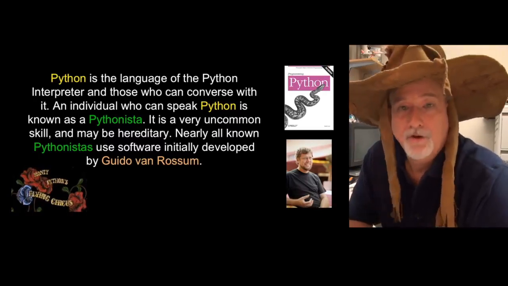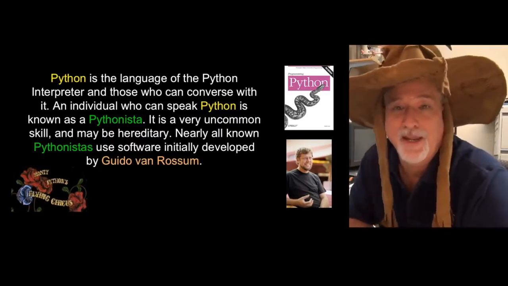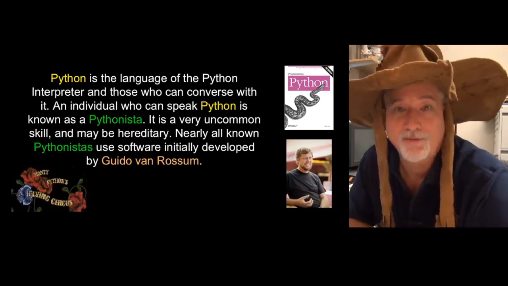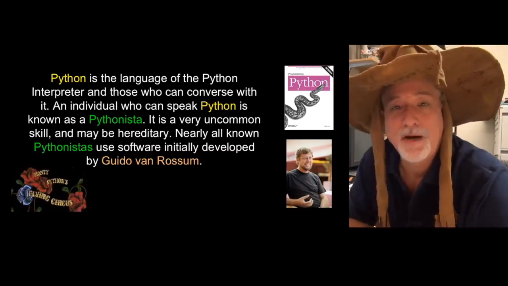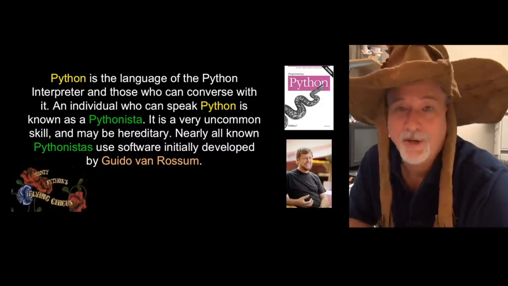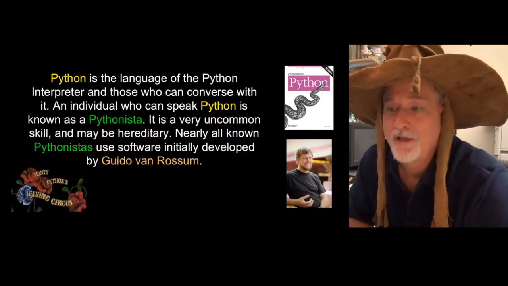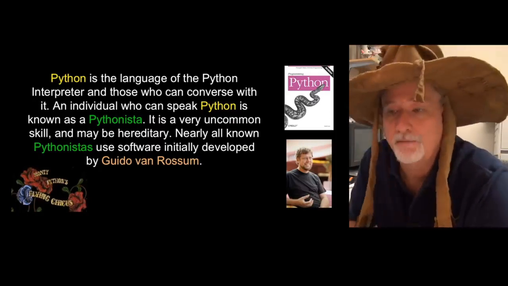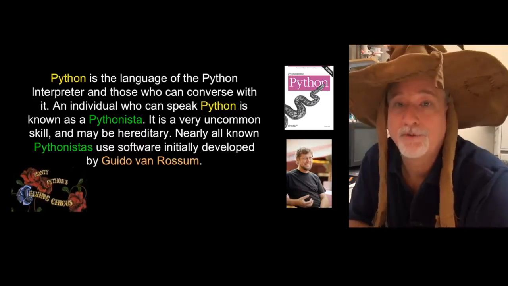Even though I'm using this whole snake Slytherin thing, Python was not at all named for Harry Potter, because Python was invented almost two decades before Harry Potter was created, and it wasn't named for the snake. It was actually Monty Python's Flying Circus that was the inspiration for the name Python. Guido van Rossum really wanted to create a programming language that was very powerful underneath, but also fun and approachable.